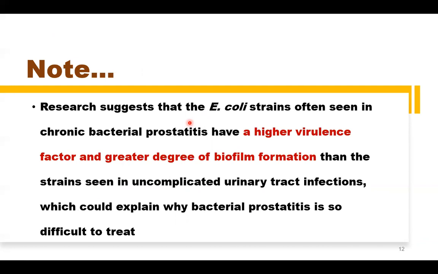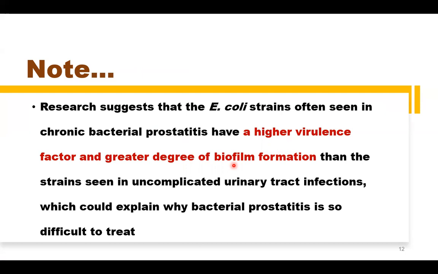Okay, very good. Now, before we discuss how you carry out the laboratory test, I want you to know that the E. coli usually associated with chronic prostatitis has a higher virulence factor and a greater degree of biofilm formation. So this could explain why the patient presents with recurrent UTI.